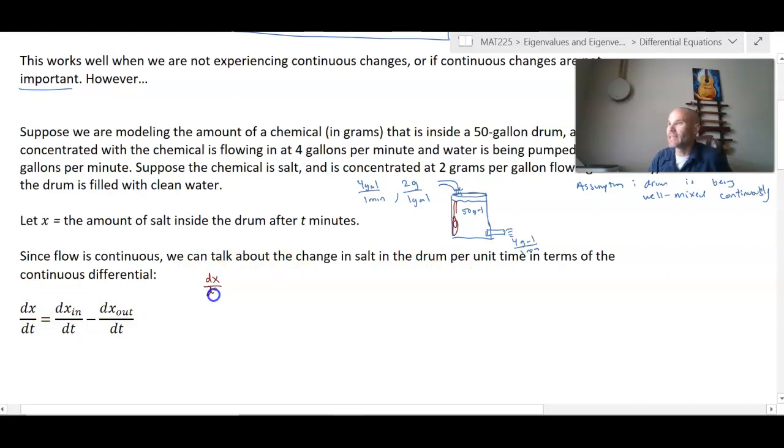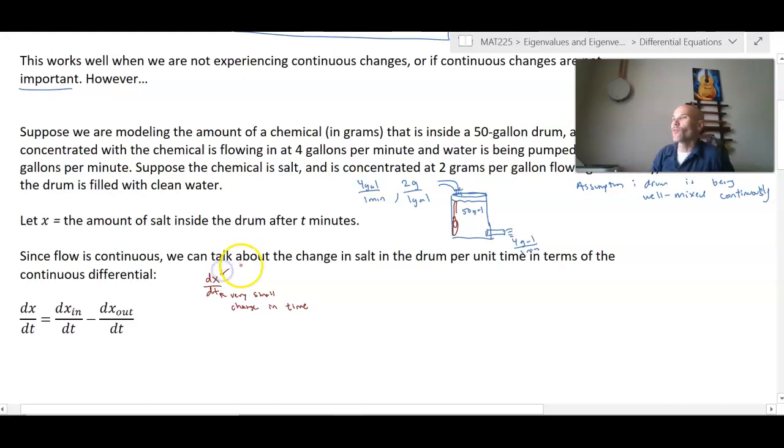dx dt, yes, that is a derivative. Sometimes we call that a differential. And what this means is that dt is a very, very small change in time. What do we mean by very small? Well, we mean infinitesimally small. So tiny that you can get as small as you want with your increment in time.